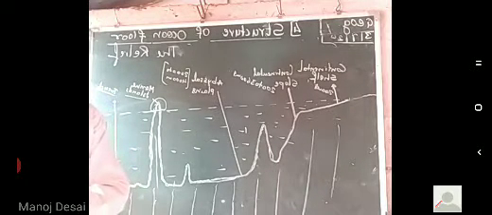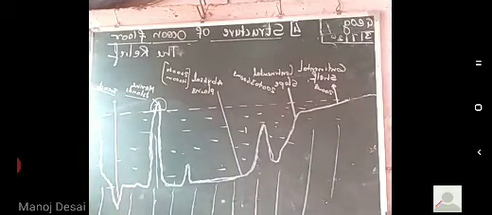Now, what is the depth? The average depth of the sea floor or seabed, which we can also call sea relief or ocean bed, ocean relief, is 3,700 meters, nearly about 3.5 kilometers.